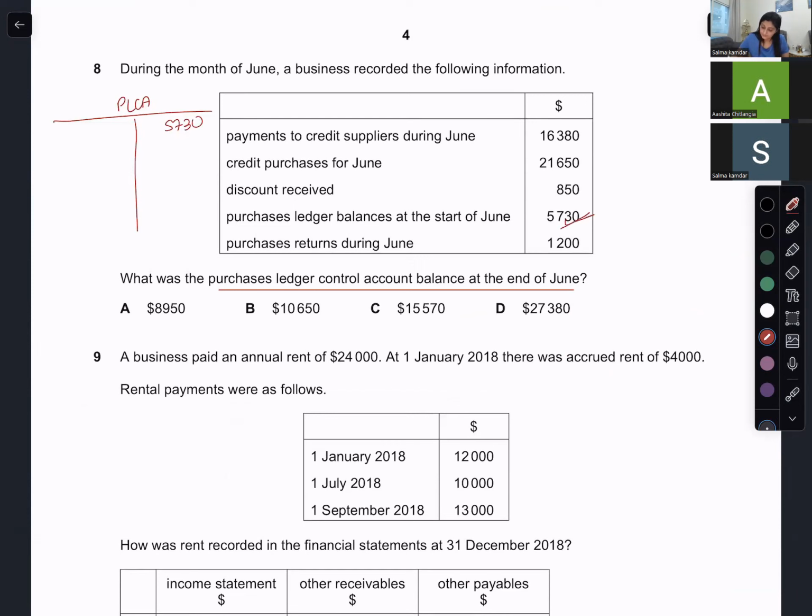Credit purchase is 21,650, credit side. Discount received, debit side. Purchase return, debit side, 1,200. Payments to credit suppliers, this is debit side.